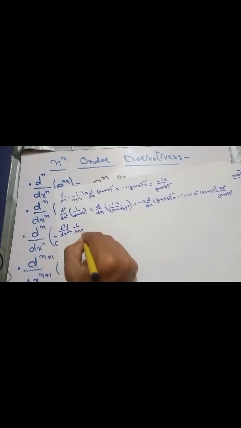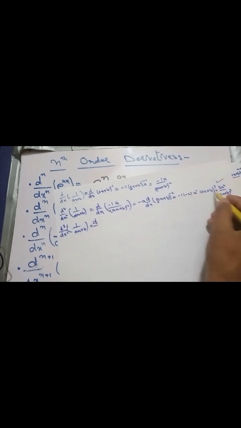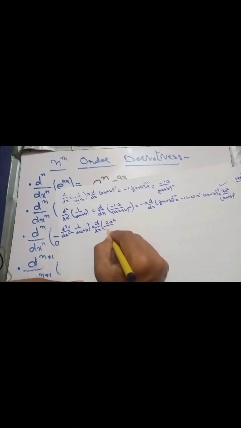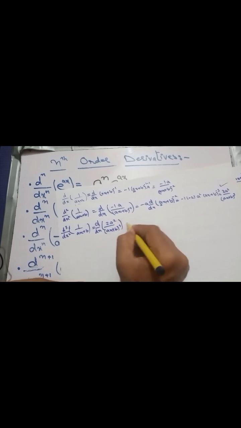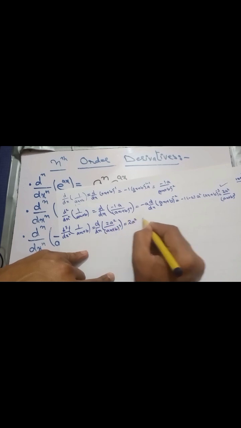So here is the third derivative of this function. We need to differentiate the right side of this function also, so we can observe the previous pattern. 2a square is already out of the derivative.